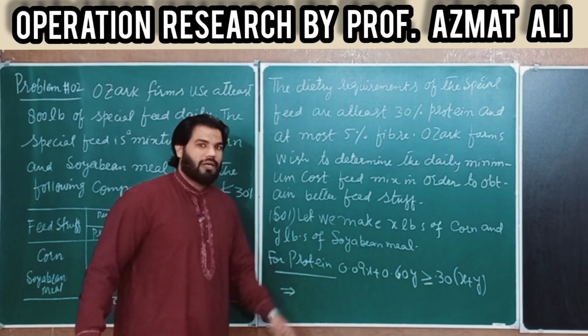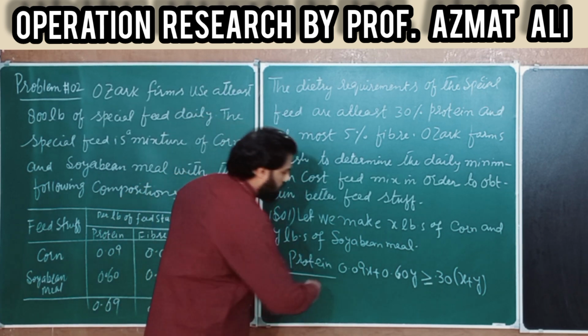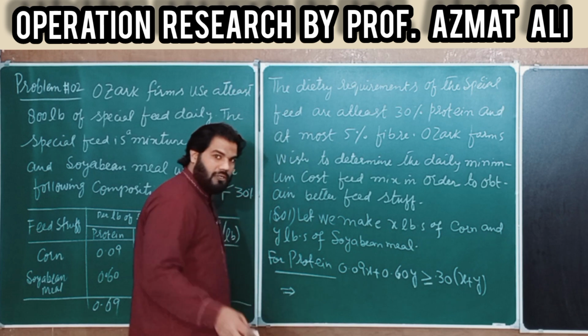Multiply both sides by 100 to finish the decimal.